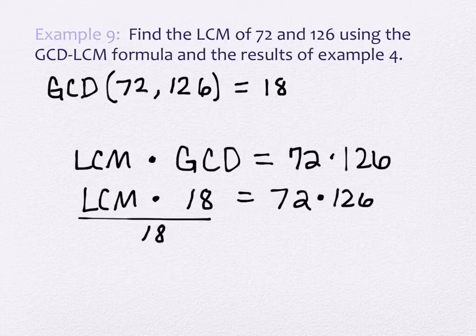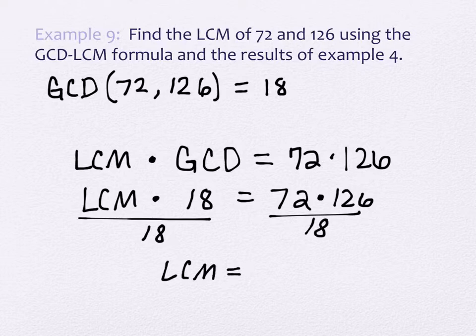All right, so I'm going to have to move that 18 to the other side, and I do that with division. So my least common multiple, if you grab your calculator, should be 72 times 126, hit enter, and then divide by 18. You don't even have to hit enter on some of your calculators, but a few of you do. So what do we get? It's a large number, right, Cassidy?